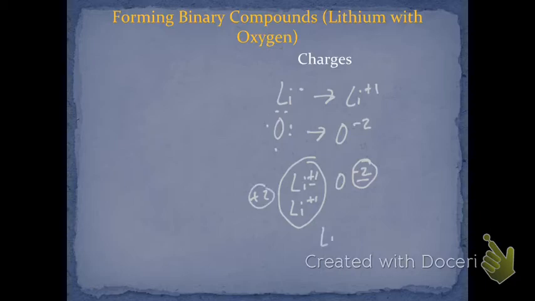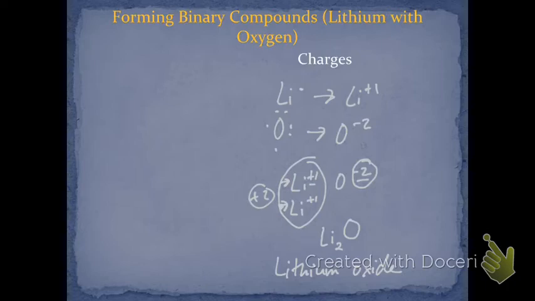So for every oxygen, there are 2 lithiums. So I write Li2O. The subscript 2 there shows that there are 2 lithiums for every 1 oxygen. The name of this is lithium oxide. Notice when we name it, we don't really care about the subscripts. We just write lithium and then oxide.